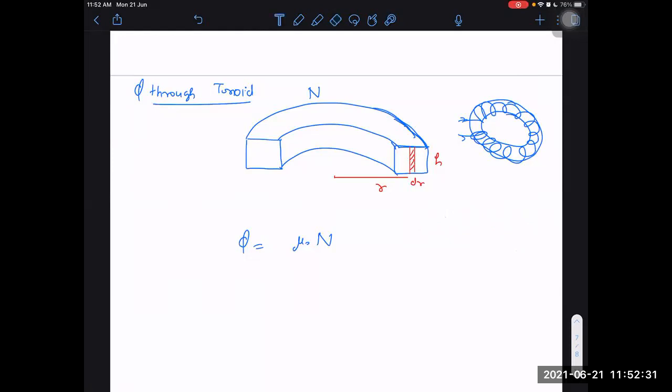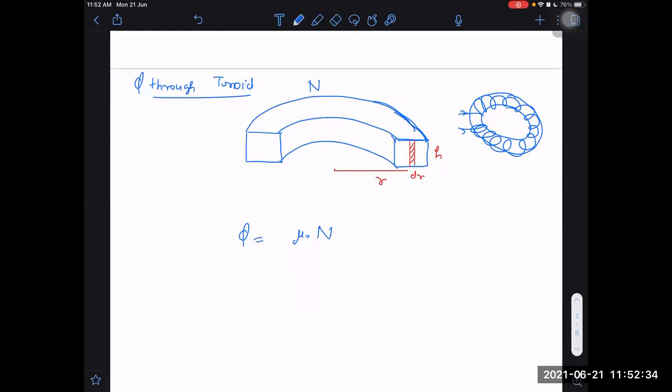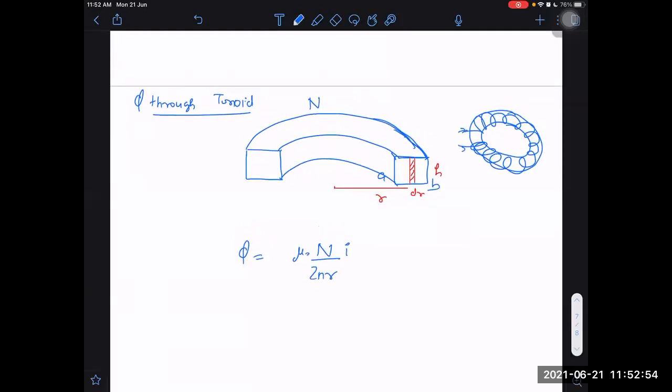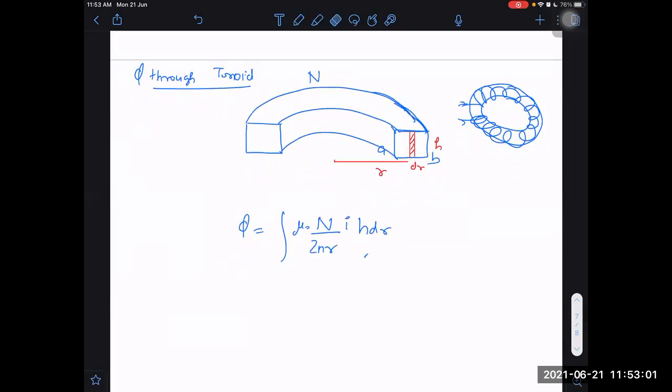What is the inner radius? Let us say the inner radius of the toroid is a, and the outer radius is b. r varies from a to b. Then mu naught N upon 2 pi r into I, that is the magnetic field, into area. What is the area of this section? h into dr. Integral limits a to b.